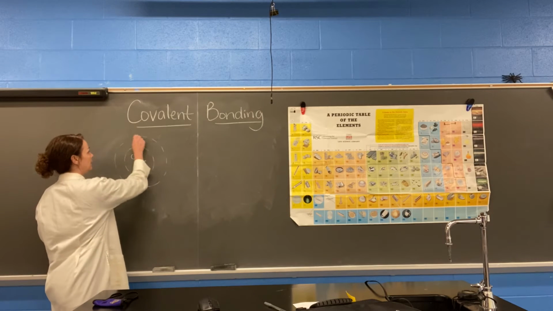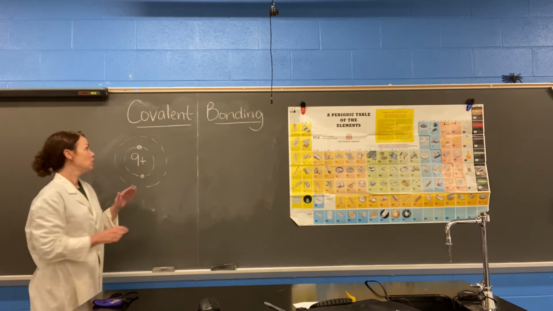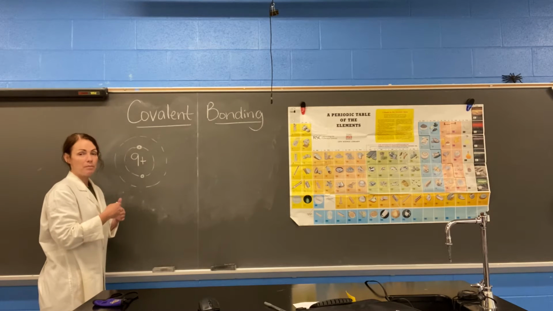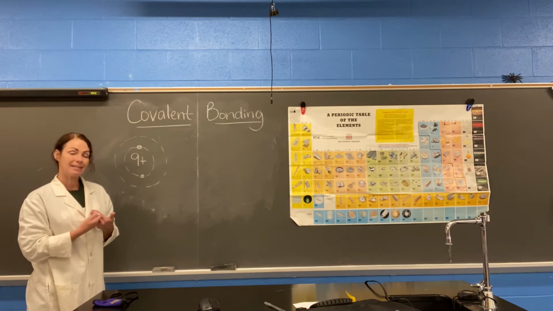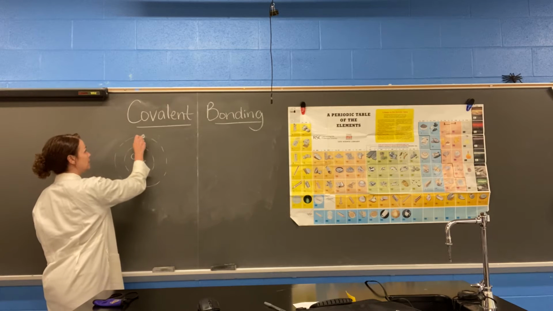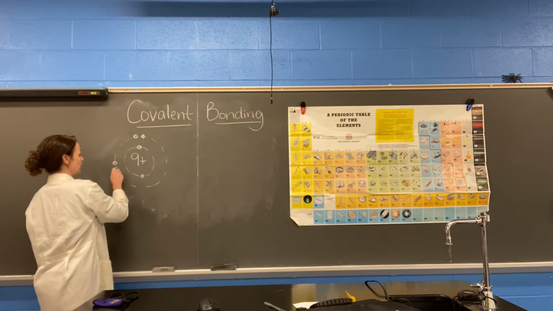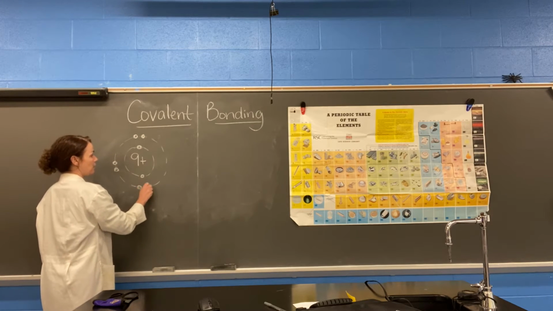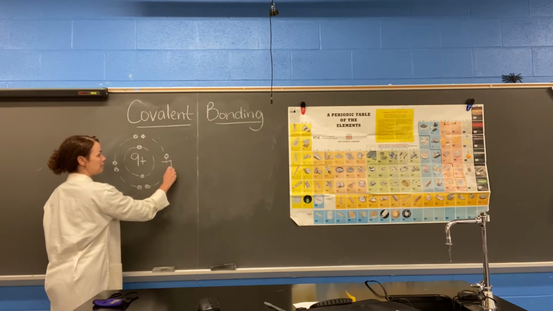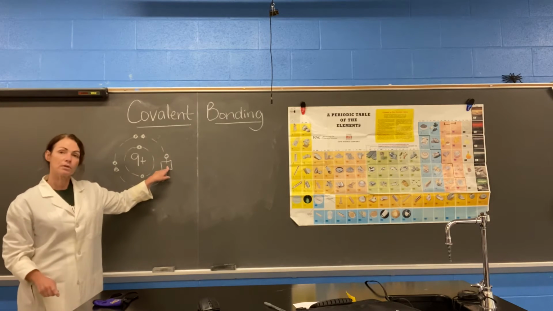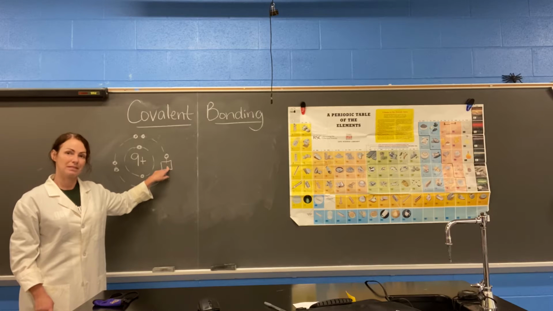And then in the second energy level, we could have 8, but because fluorine has 9 electrons, there will be 7 of those electrons in the outer energy level. And that means that there's a space where there could be another electron, but there isn't.